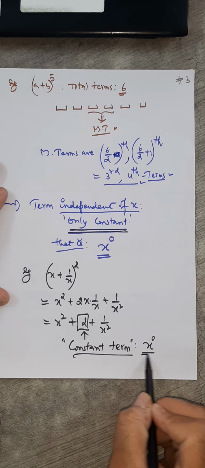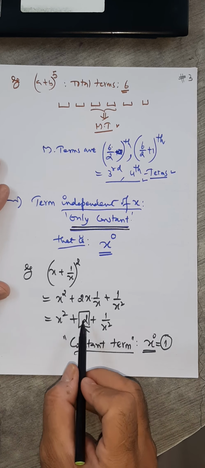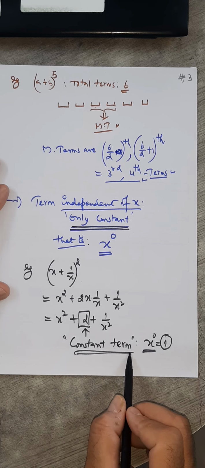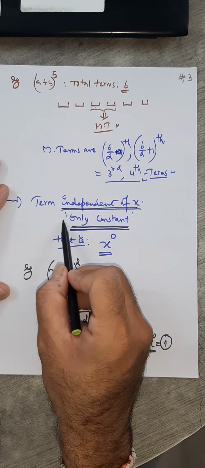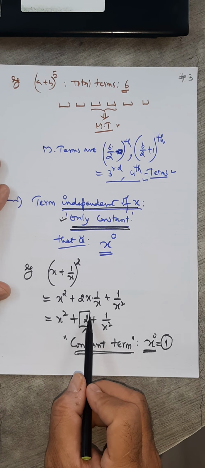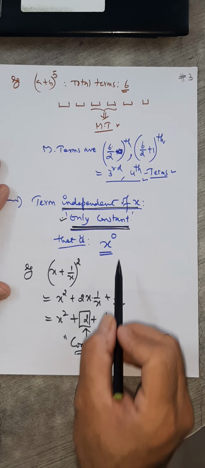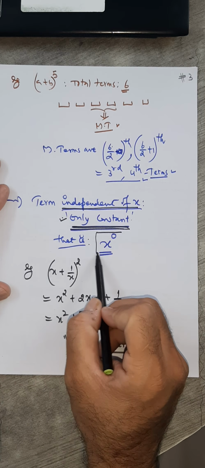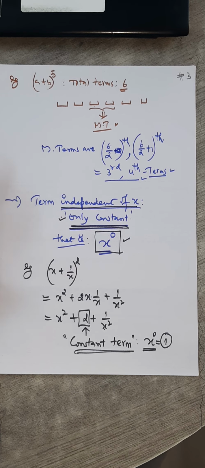X wala term nahi hai, because x raised to 0 is always 1. Independent of x means it's free from x, means it's a constant term. Only constant ही होना चाहिए. देखो यहाँ पे only constant है. This term involves variable x, this term involves variable x. It means the power of variable x must be 0. This is always 1, you know, it's a constant.